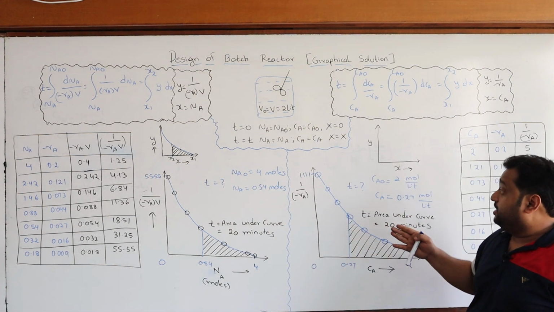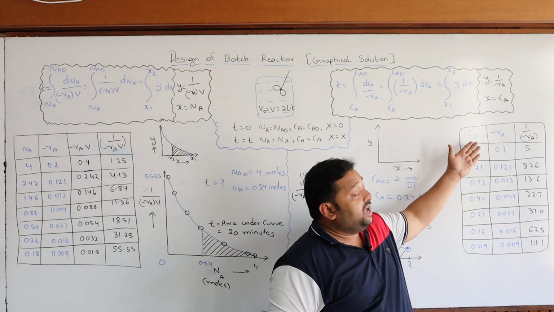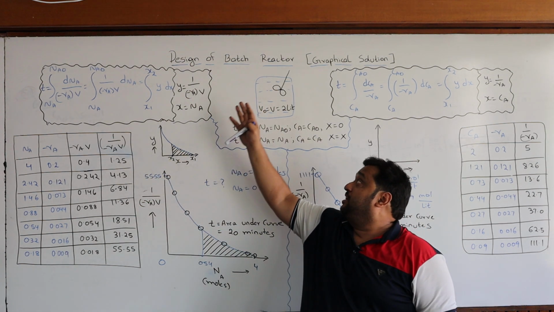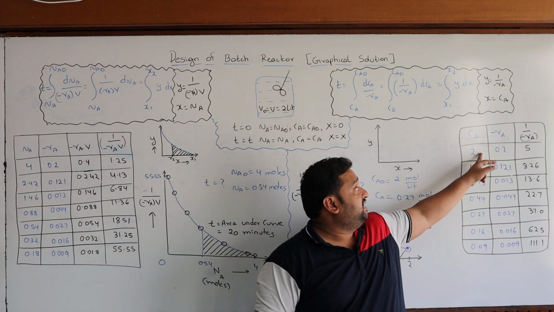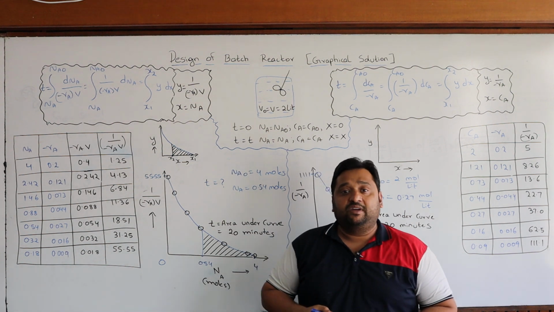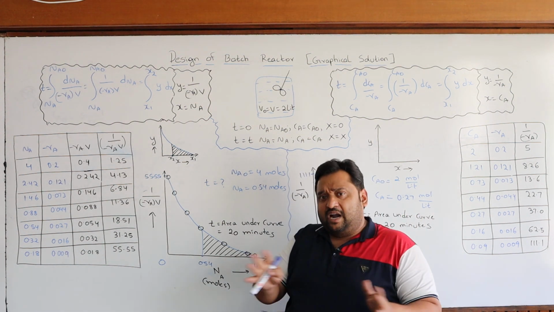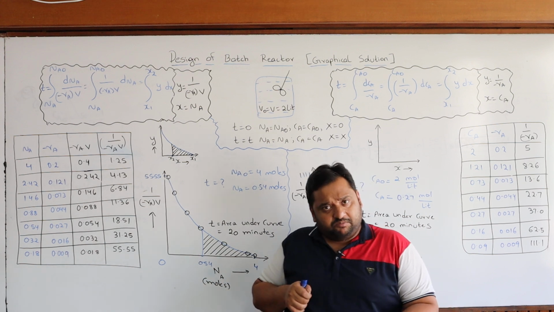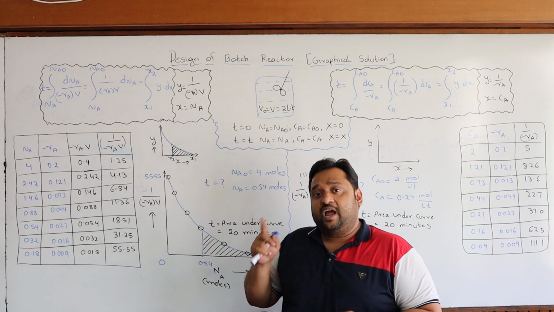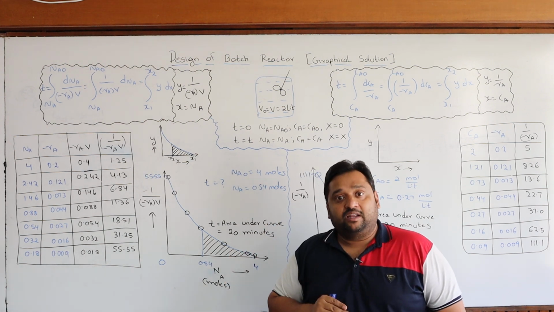If you plot, from the experiments, here I have measured moles and here I have measured the concentration. From the concentration I can measure the speed of a reaction. Imagine you have this data: at random times I have removed some sample, measured the concentration of A, and measured the rate of reaction at that particular concentration.